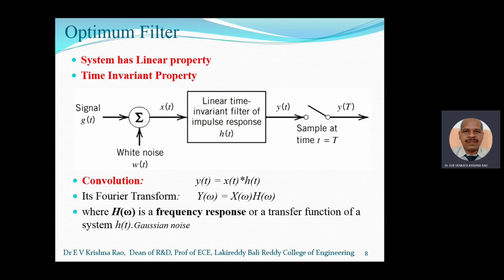For the filter, the input signal x of t is assumed to be signal plus noise. You take it as Gaussian noise, and this x of t is nothing but the signal g of t plus Gaussian noise w of t, and the output y of t is signal plus noise.